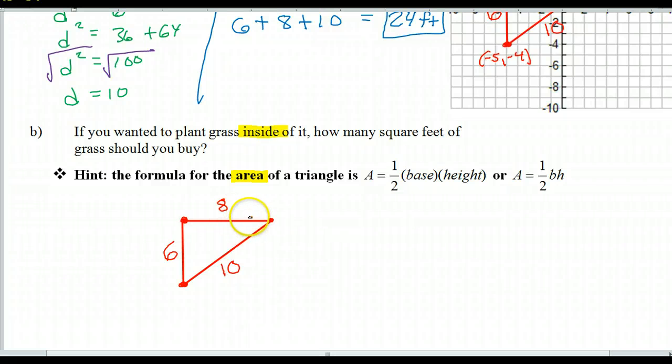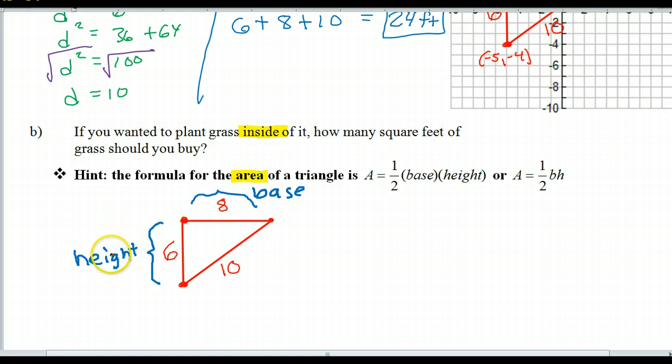The most natural thing for me to do is to go ahead and consider this side 8 right here to be my base. Okay, if that's my base, then this will be my height. Only because you often see the base as being a horizontal length, and we often see the height as being vertical.